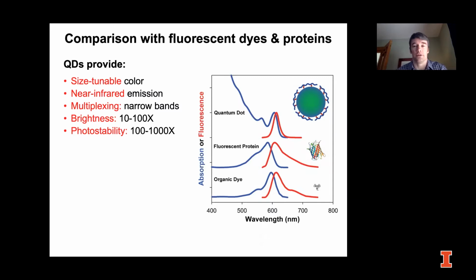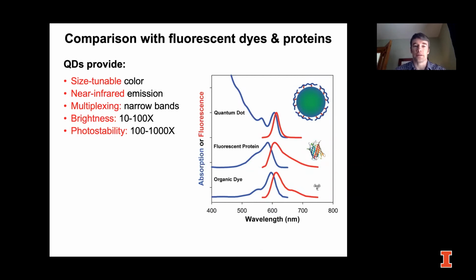And if you have size tunable color, you can potentially span any wavelength range that you want. In particular, the infrared is a very useful range for biology because a lot of biology is fairly transparent and background free in that range. To do that with a fluorescent dye or a fluorescent protein is much more challenging. Instead of just changing the size to which you grow the nanocrystal, you have to develop a whole new molecule and a whole new synthetic routine for these proteins and organic dyes.